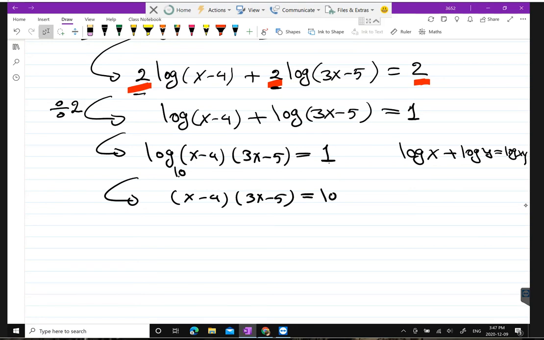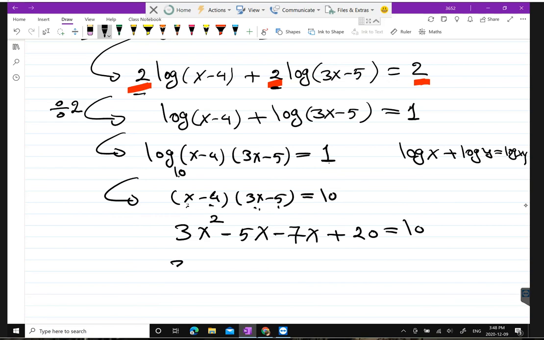It's a quadratic one. If you multiply and expand them, then you get 3x squared, this times this minus 5x, this times this minus 7x, this times that plus 20 is equal to 10.